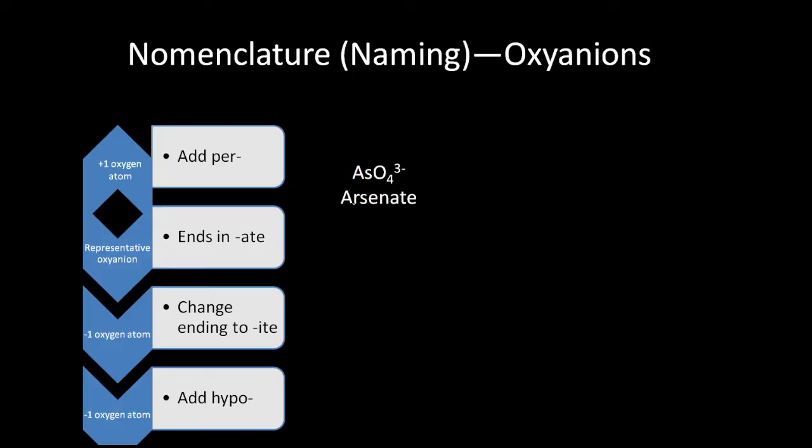The interesting thing is there are also three different types of quote-unquote arsenates. There's perarsenate, there's arsenite, and there's hypoarsenite, okay? And it all depends on how many oxygens are in the formula. Now, changing the number of oxygens doesn't change the charge on that anion, all it does is change the number of oxygens and change the name, okay?